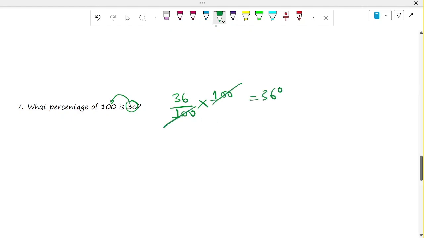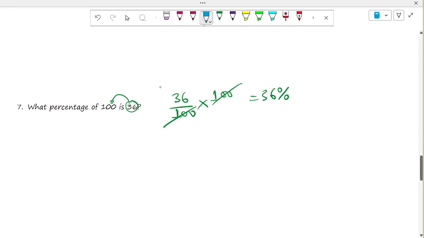Okay, I'll tell you how you can solve this question. You need to find out how much part of 100 this 36 is. For that you need to write 36 divided by 100, and then to convert it into percentage you are going to multiply it with 100. So 100 cancels, you got 36%.